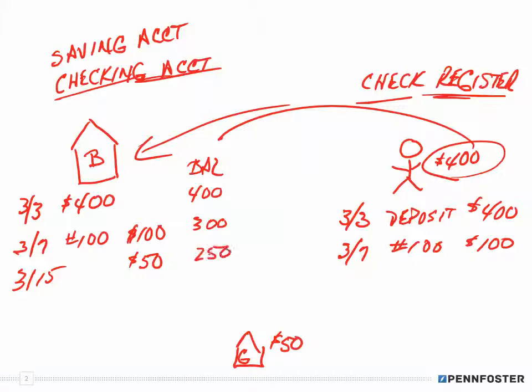So the bank is showing that another transaction for $50 went through, so you have a balance of $250. And of course, you should write that in your check register. So now in your check register, your balance should show $250 also.